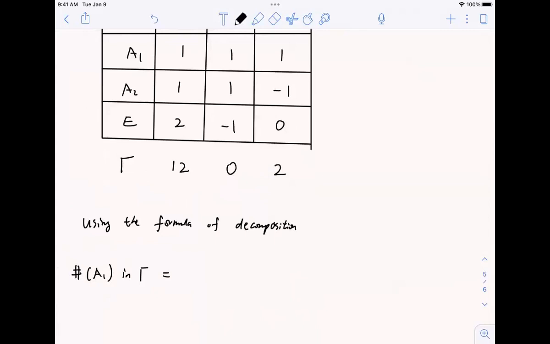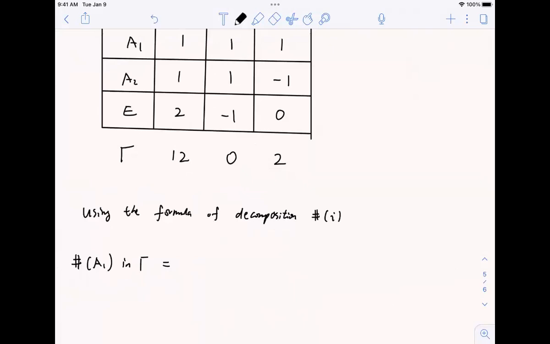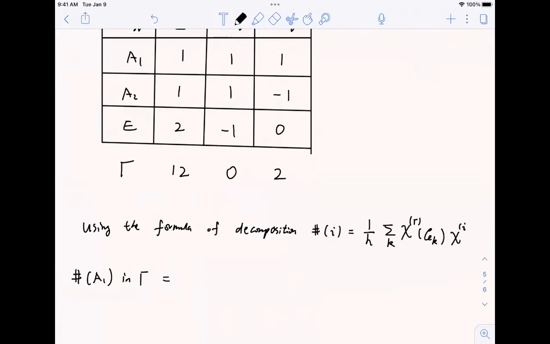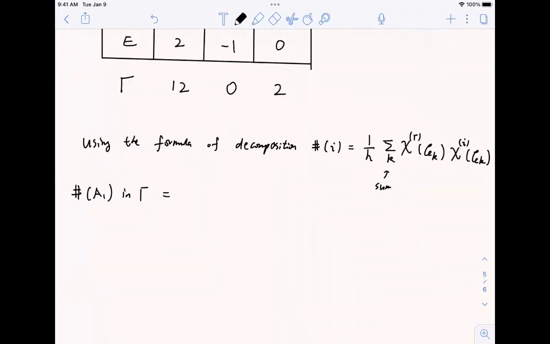The number of representation i equals one over the total number of elements h, and then you sum over classes: the character of gamma in class K, times the character of gamma i in that class.